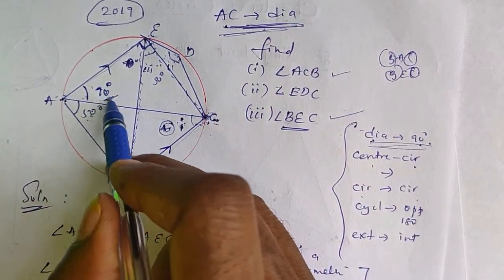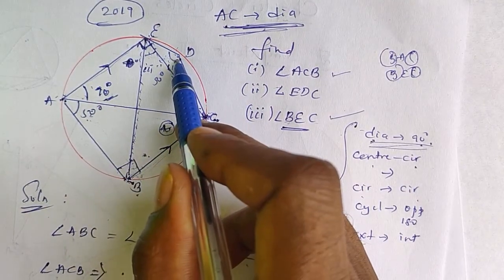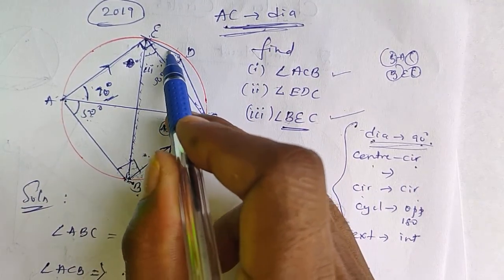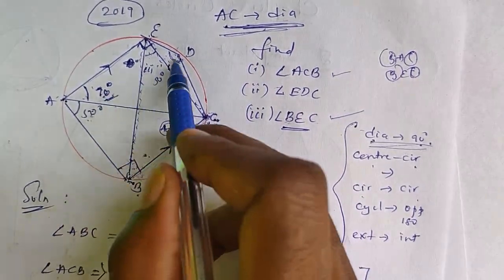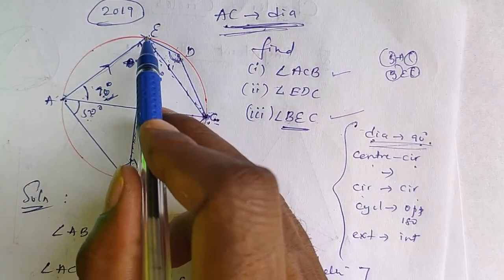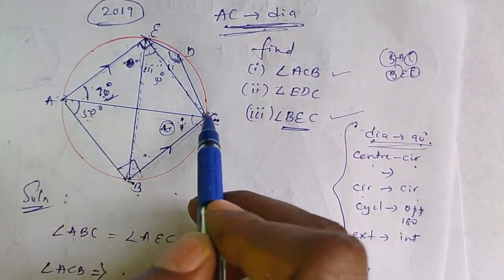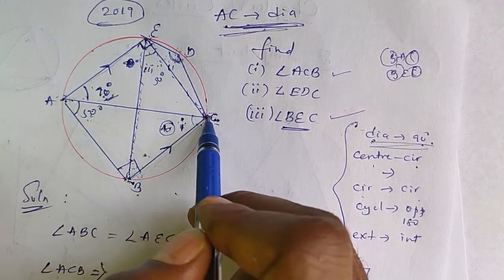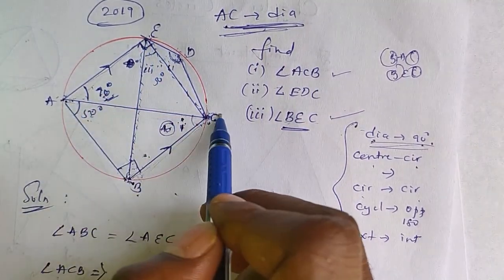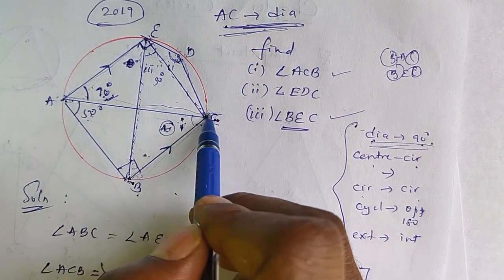So therefore, if this is 70 degree, getting this one is not a problem, because E angle, D angle and A angle are what? Opposite angles of a cyclic quadrilateral. How come? Look at E, A, C, D. These four are vertices of a cyclic quadrilateral.